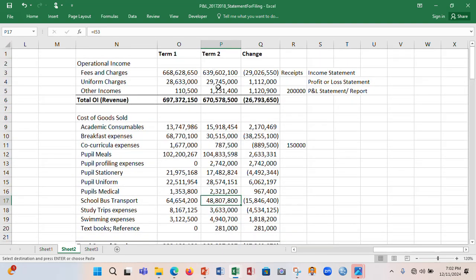This assumes that you have collected all the money, but what we call a cash flow statement just looks at only what you have received, not what is with your creditors or debtors, sorry. Yeah, what you have received is what you call cash in. So cash flow statements have 3 parts.